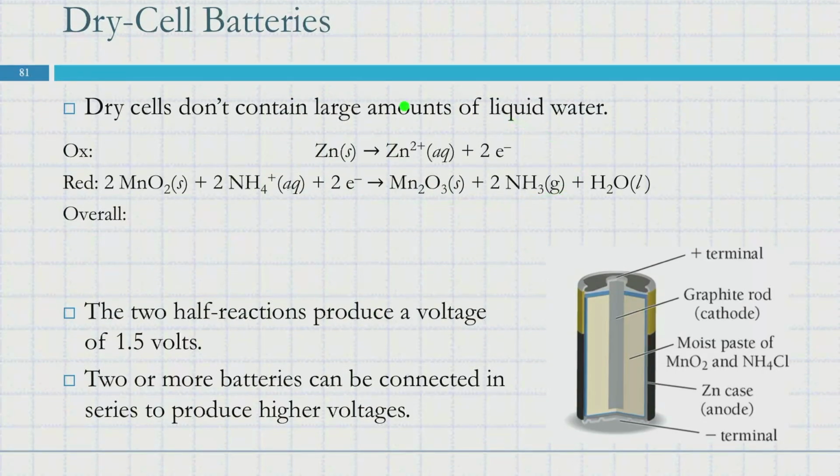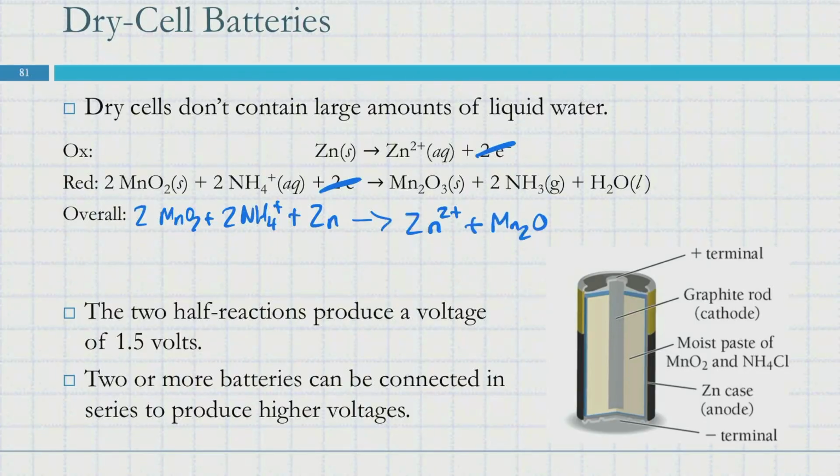If you combine these two half reactions and cross out the electrons, 2 MnO2 plus 2 ammonium plus zinc metal goes to zinc 2 plus, manganese 3 oxide, 2 ammonia, and a little bit of water.